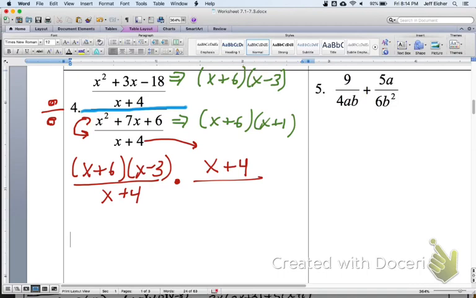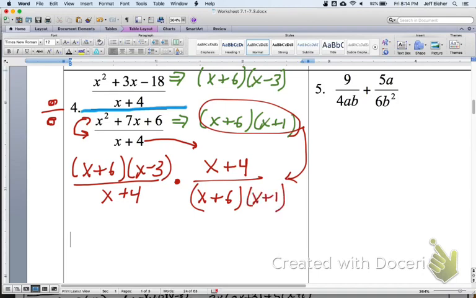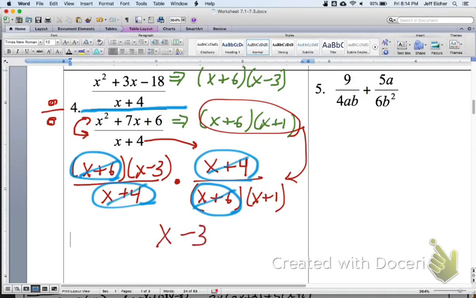And then this factorization we did is going to be down here. X plus 6 times x plus 1. And then we can divide common factors. We have an x plus 6 and an x plus 6, so those are divided out. We have an x plus 4 and an x plus 4, those are divided out. And we're left with an answer of x minus 3 over x plus 1.